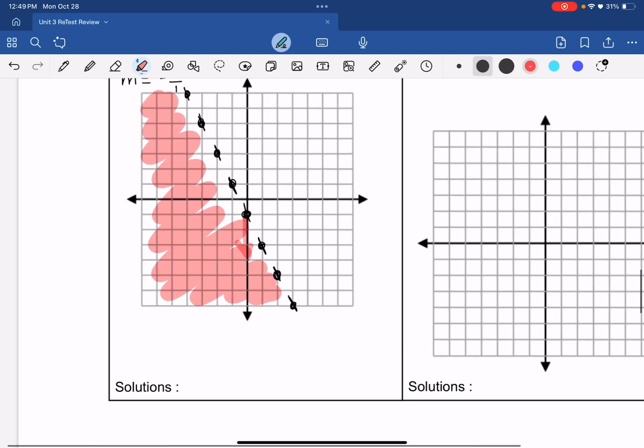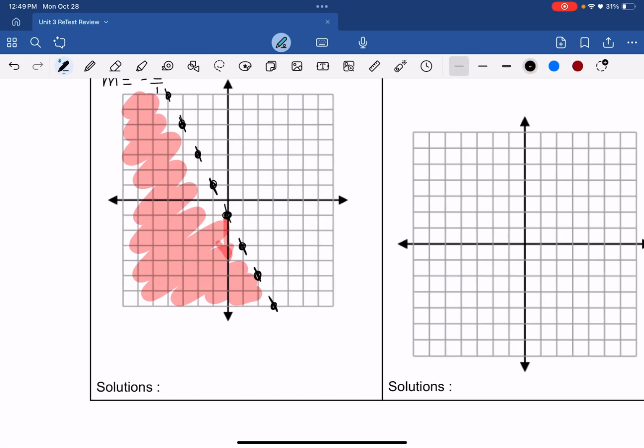So in this case, my solutions are just points that are in the shaded region only. So any point that you say, any point in shaded region only.